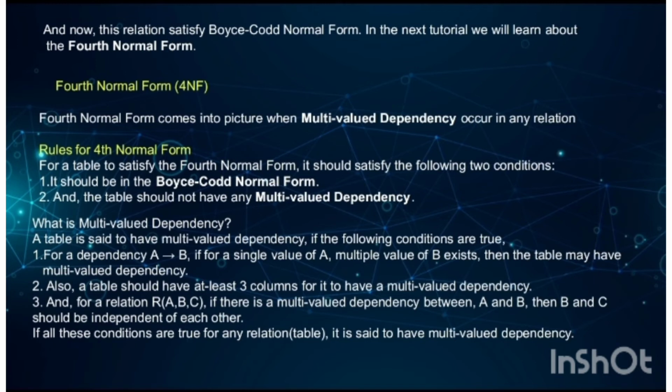Second, a table should have at least 3 columns for it to have a multivalued dependency. And third, for a relation R of A, B, C, if there is a multivalued dependency between A and B, then B and C should be independent of each other. If all these conditions are true for any relation, it is said to have a multivalued dependency.